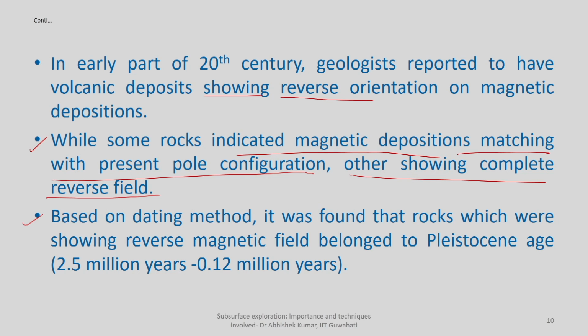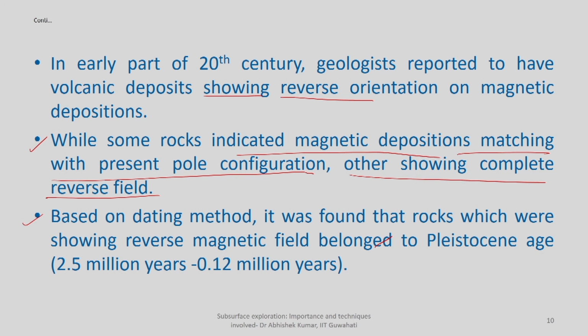So, based on the dating method, it was found that the rocks which were showing a reverse magnetic field belong to the Pleistocene age. We know that in terms of geological time scale there are different eras, like the Cenozoic era, which is from today till 66 million years ago.